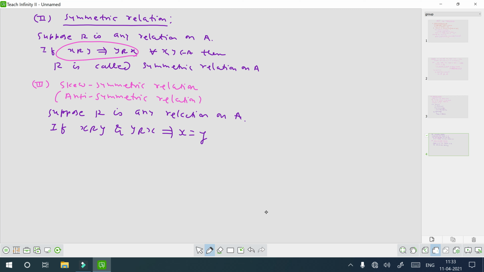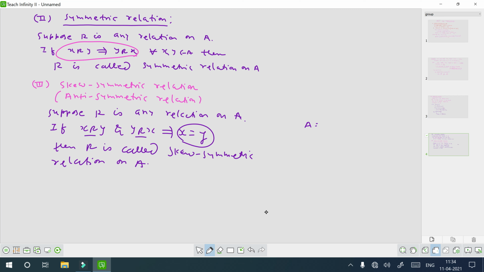That is, x is related with y by relation R, and at the same time y is also related with x by the same relation R. If these two conditions hold and we can prove x = y, then R is called a skew symmetric relation on A.